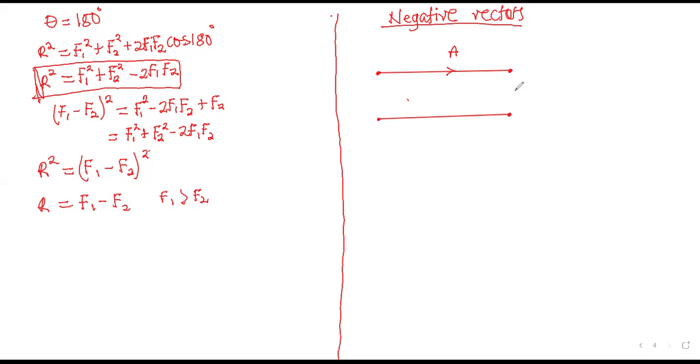This is due east; if I reverse the direction to west, it is the negative of the vector A. So a negative vector has the same magnitude as a positive vector, but its direction is opposite. We use negative vectors a lot in physics, especially for relative velocity.